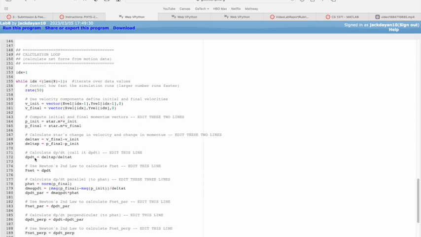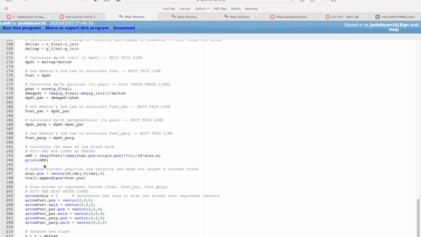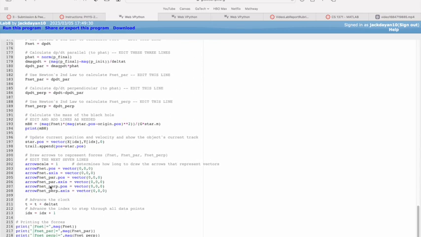And as we can see, dp/dt, which is the change in momentum over time, equals net force, as we can see from Newton's second law. As we go down, we can also calculate the parallel component of the net force, as well as its perpendicular component. And here, these are basically just the arrows representing the net force and the parallel and perpendicular components.